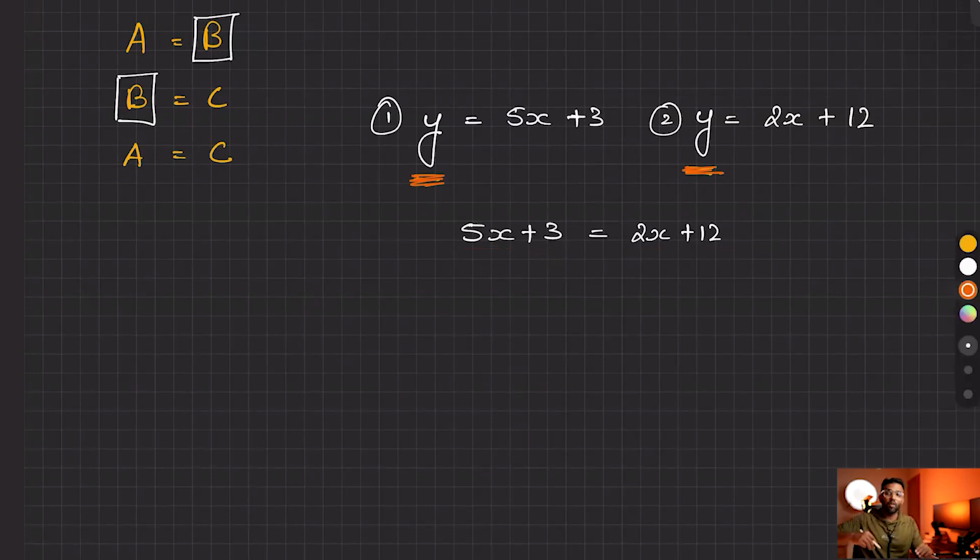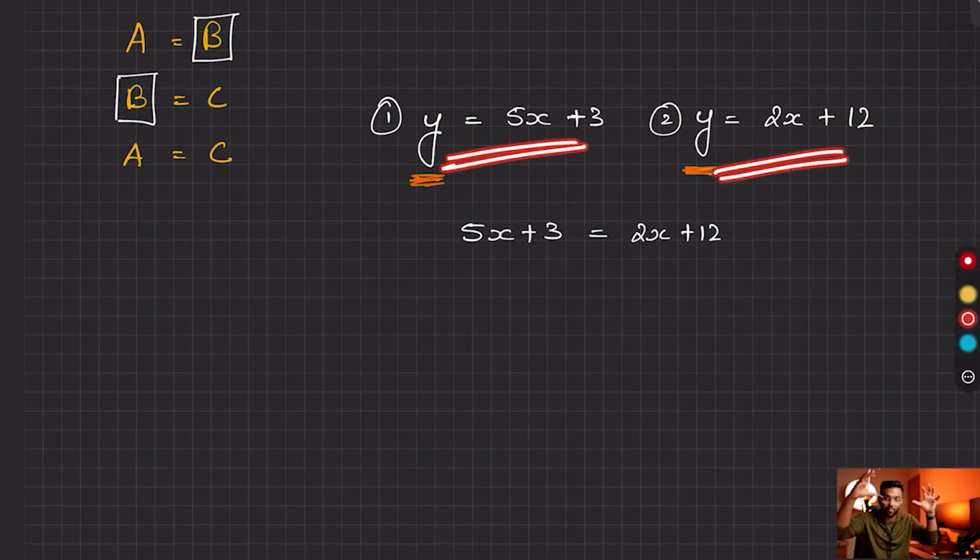The idea of solving an equation is always bringing it into one equation with one variable. You can never solve an equation with two variables in it. There are two equations, and we have to bring them together with one variable, and that's why we are substituting. Did that make sense, guys?